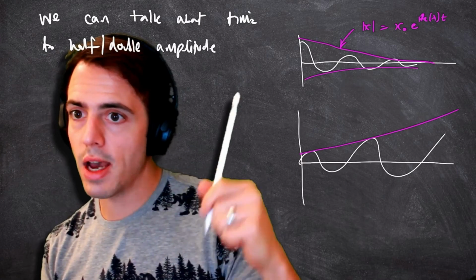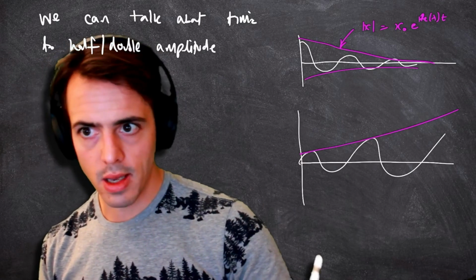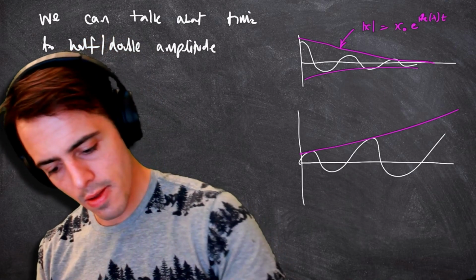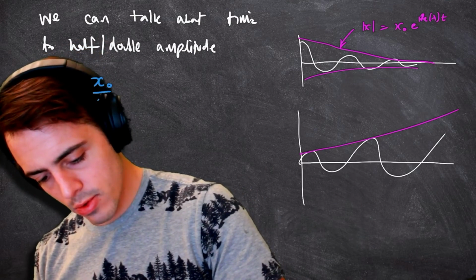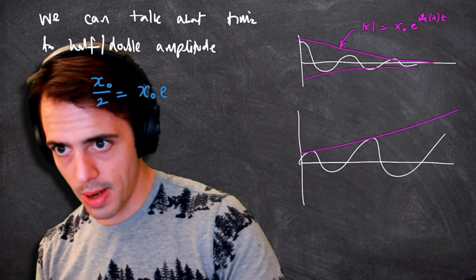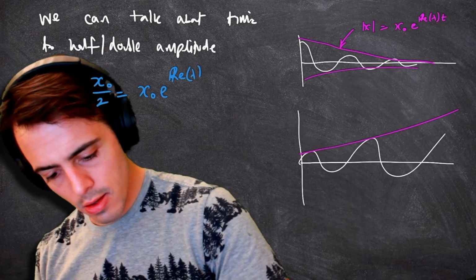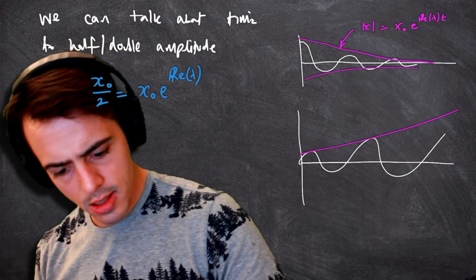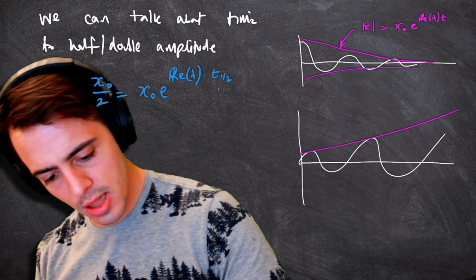So we can just do that as a solution of this equation. Let's do the time to half amplitude. We would want to end up at x₀/2 equal to x₀ multiplied by e to the real part of the roots multiplied by the time to half amplitude. So this is the bit that we want to get out.